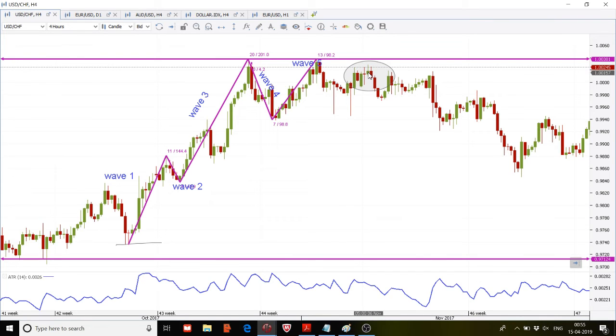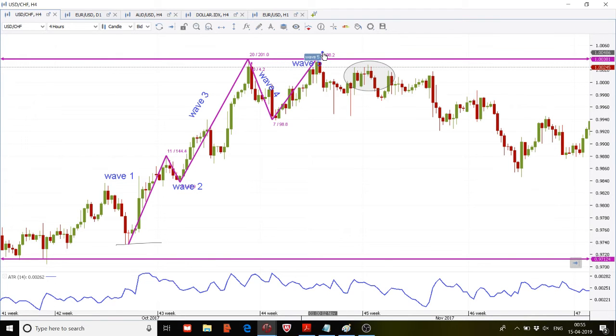So if we open the trade as soon as this candle closes, you will need to keep the stop loss about 25 pips above the price level.